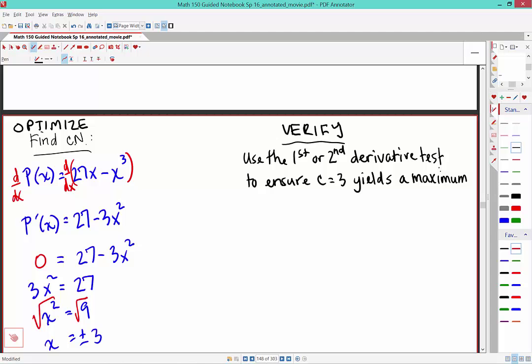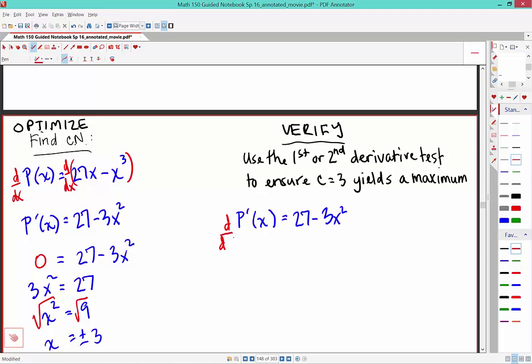All right, well, since we have a really easy first derivative function, I will apply the second derivative test.